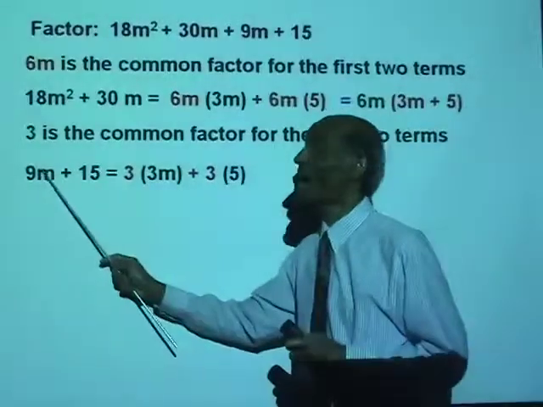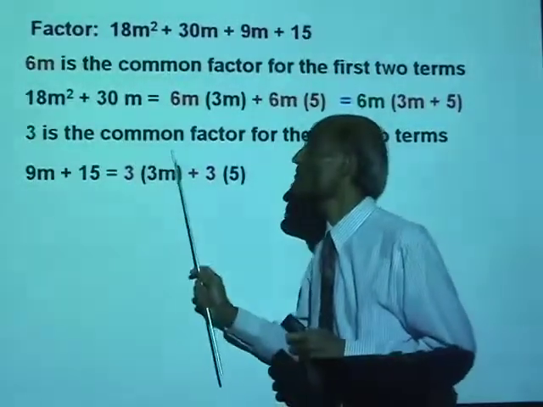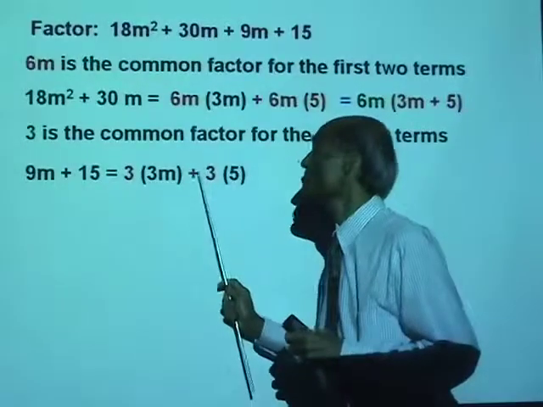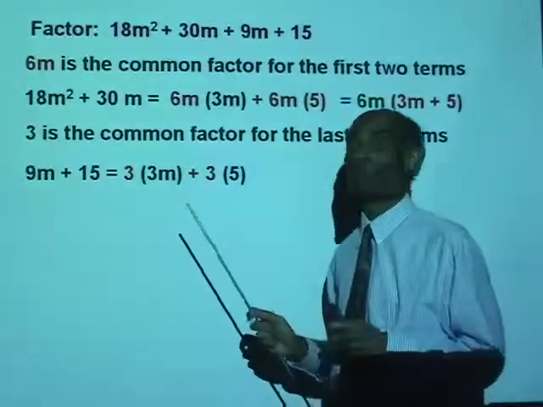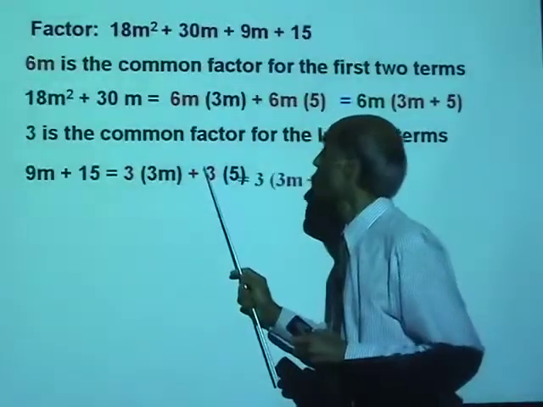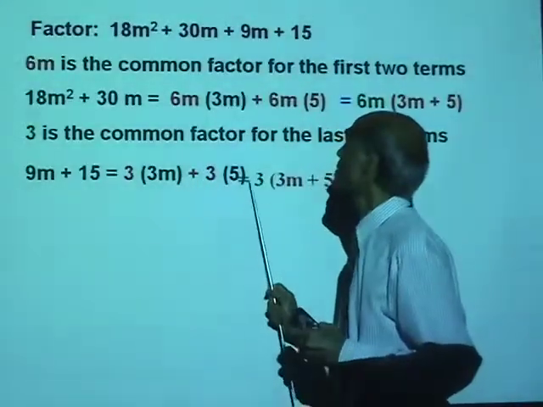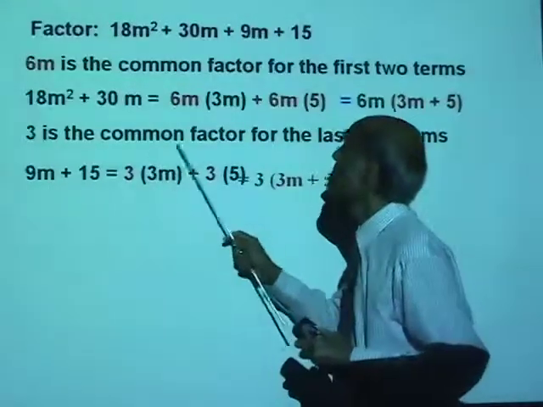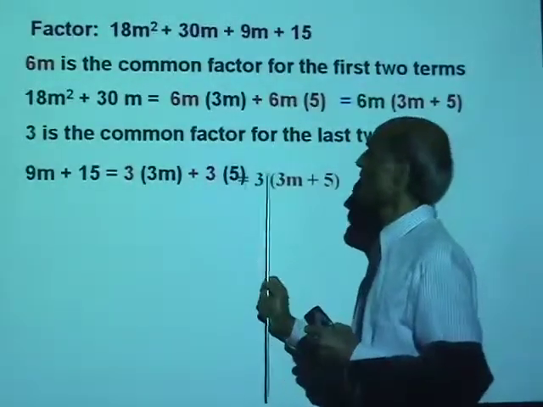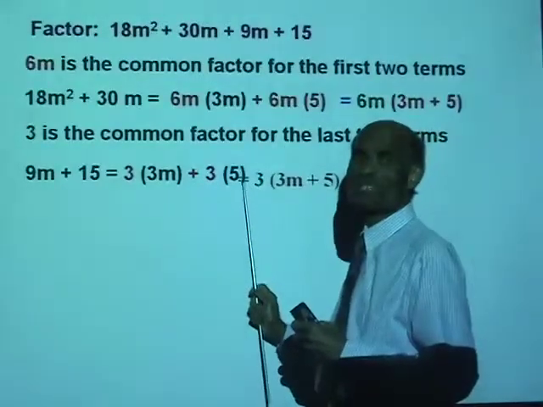That is, 9m is 3 times 3m and 15 is 3 times 5. Factor out the 3, what do you get? That will be 3 times 3m plus 5. Well, this got a little overlapped, but I'm sure you can see this.